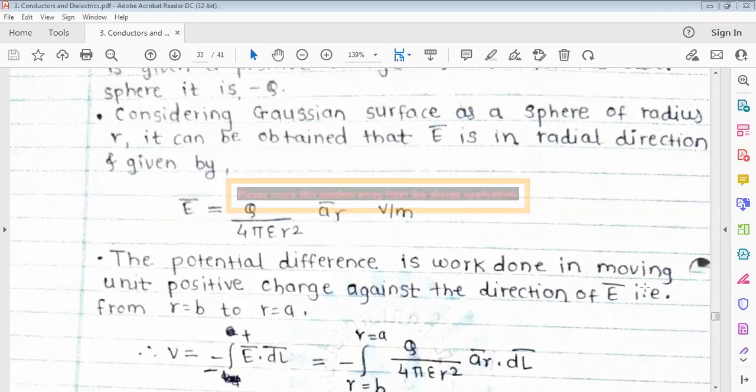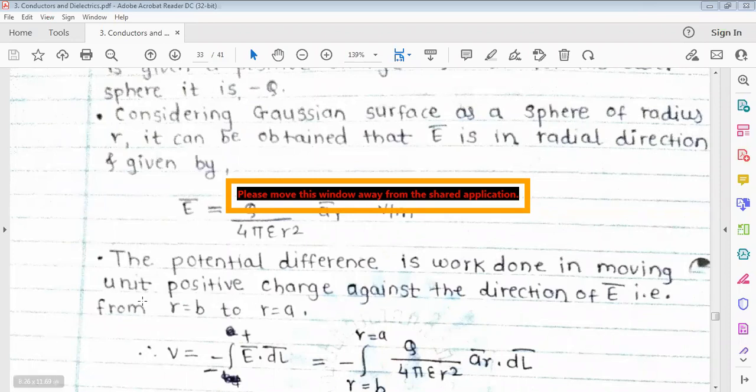So here the potential difference is the work done, means we know the definition of potential, that is nothing but W upon Q, means we are doing some work for moving one charge from one place to another place, right. So here we are moving a unit positive charge against the direction of this E bar here, right.